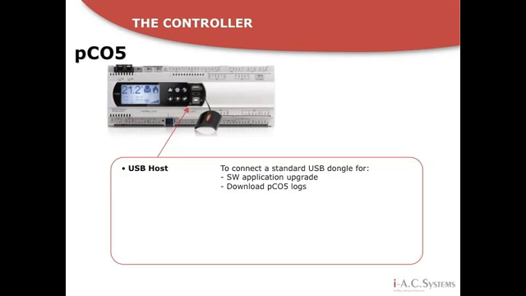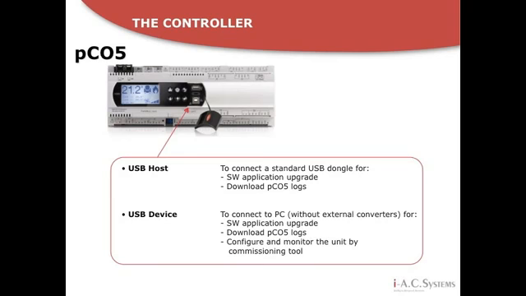The USB connections come with a master and a slave port. The one used to connect a traditional USB pen is to allow a quick and easy air handling unit software upgrade. You can store more versions on a USB pen and decide which one to use, or alternatively, download log files from the controller.